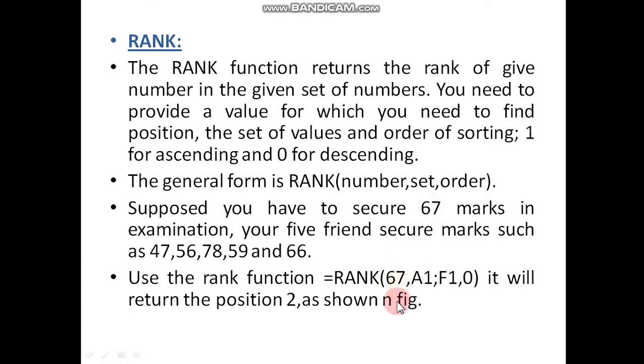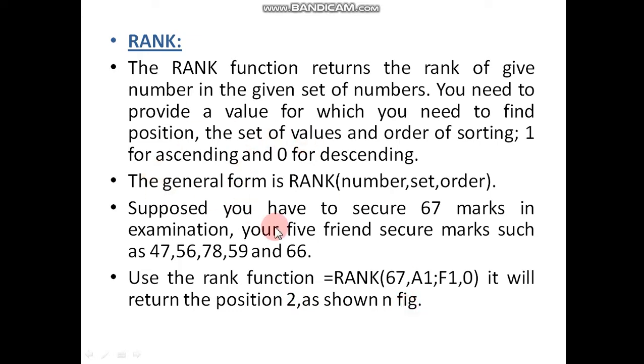Then the set, which indicates the cell range, A1 to F1, the address of all the value cells. Then the order, 0 for descending and 1 for ascending. We want descending order, so we write 0. It will return the position 2 as shown in the figure.